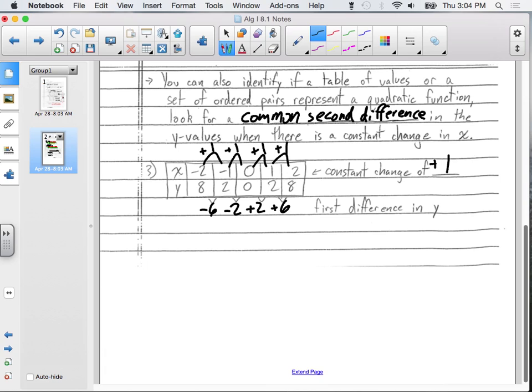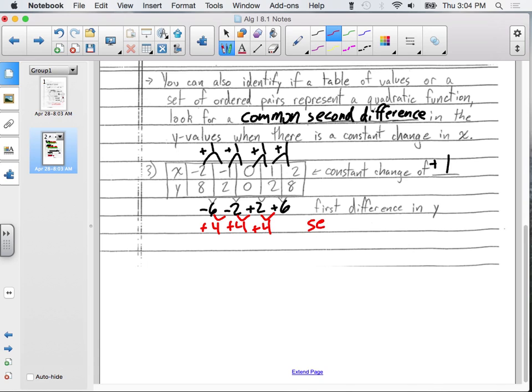Now, when we're trying to find the second difference, these values that we found right here, -6, -2, 2, and 6, we then use those to find the second difference. So all we do is go from -6 to -2, what are we doing? Adding 4. -2 to 2, plus 4, adding 4.